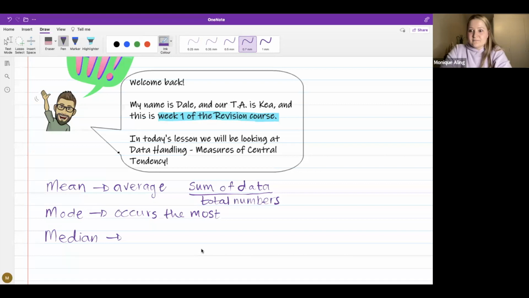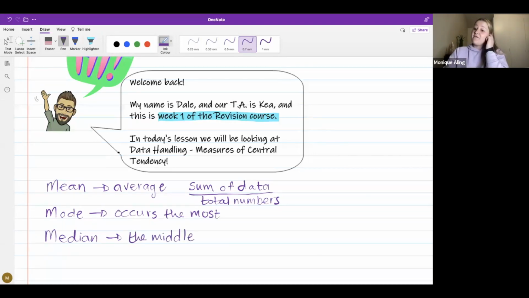That's how I think it is. Okay, not so much the multiply. So we put the numbers in order. And then what do we do? We try finding the number in the middle. Number in the middle, fantastic. Okay, so it's the middle number in an ordered data set.